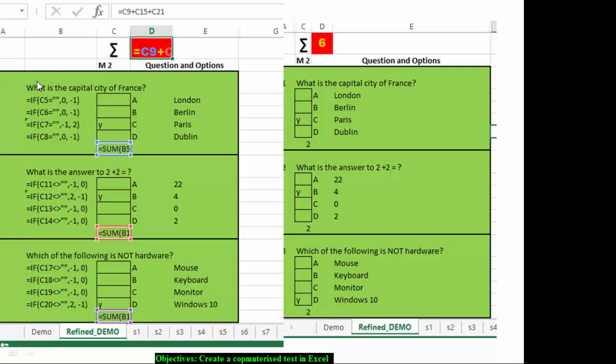Then I've done the coding using formulas to check the answers. If any wrong answer is chosen, you get 1 penalty point, and if the correct answer is chosen, you get 2 points. And here on the right-hand side is the testing. You can see correct answer 2 marks, correct answer 2 marks, and the total marks is calculated there.